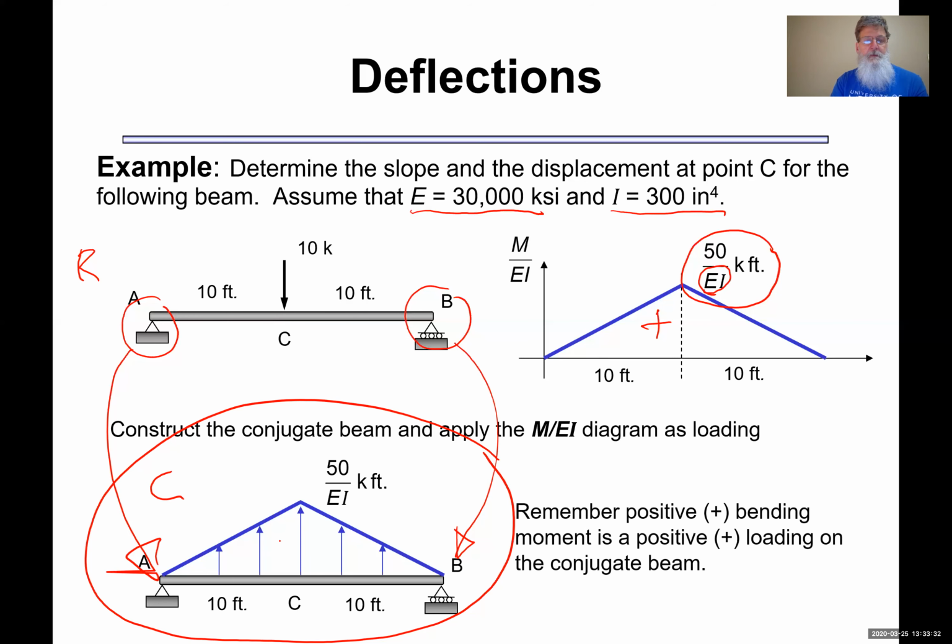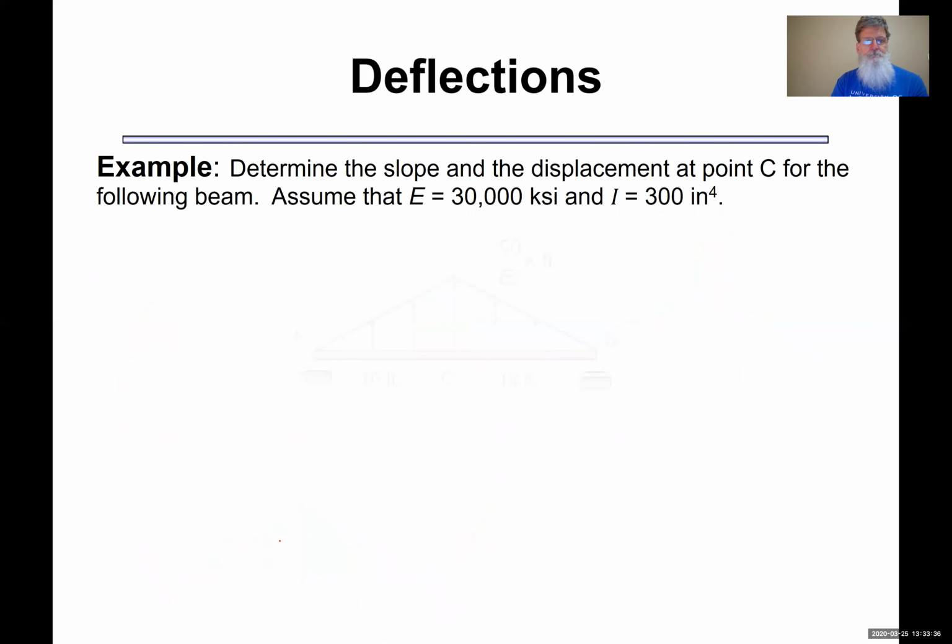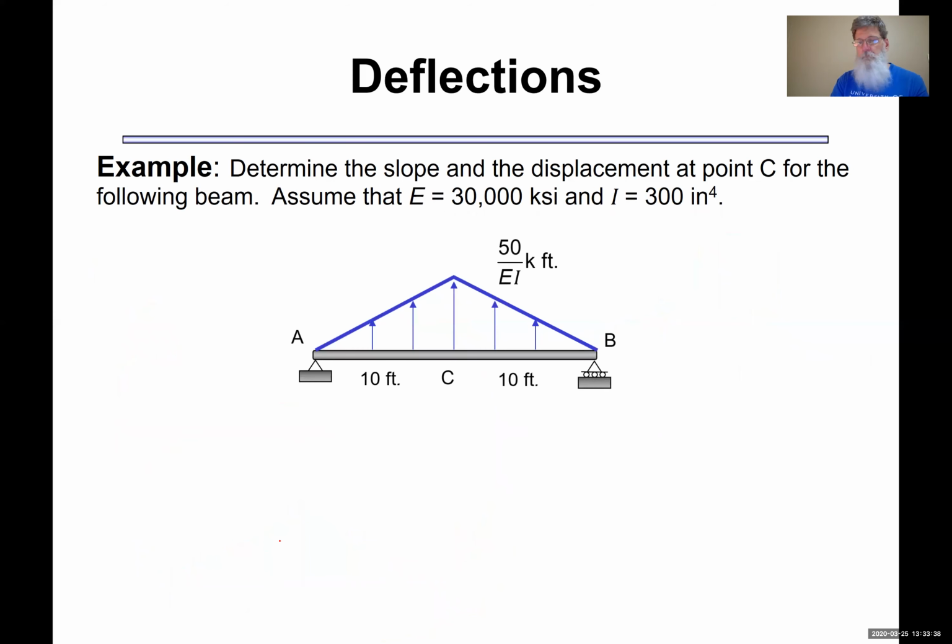So let's begin. I'm going to first find the reactions in my conjugate beam. So there's my conjugate beam, or I could just have given you this problem, except it has these strange units here for the loading. We'll talk about that a little bit later. So the first thing I'm going to do is look at my reactions at A and my reactions at B. So I'll assume they're both up.